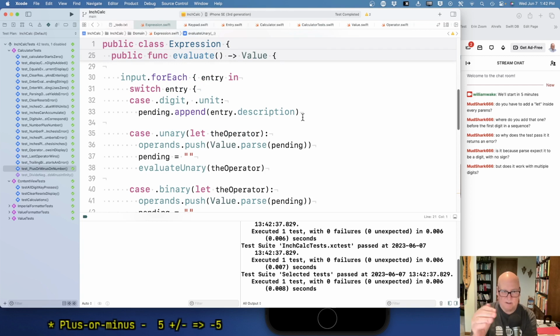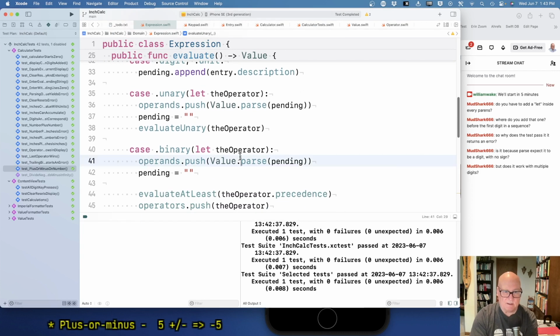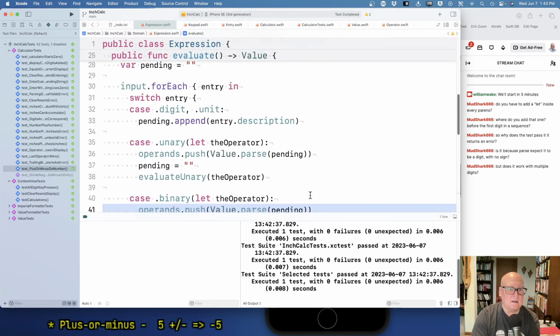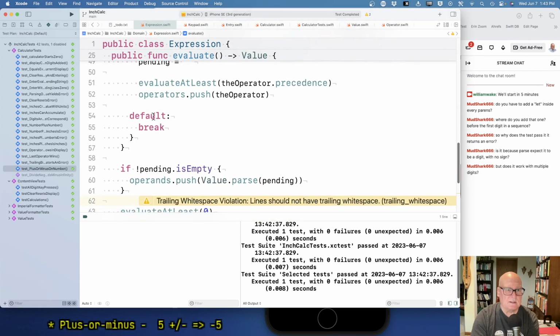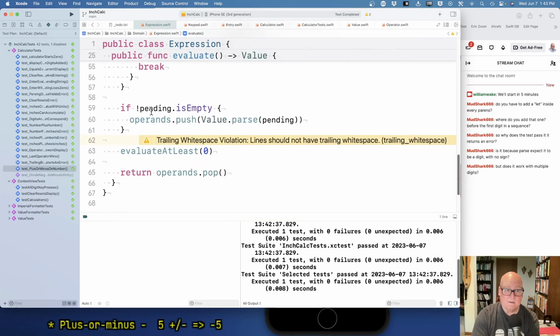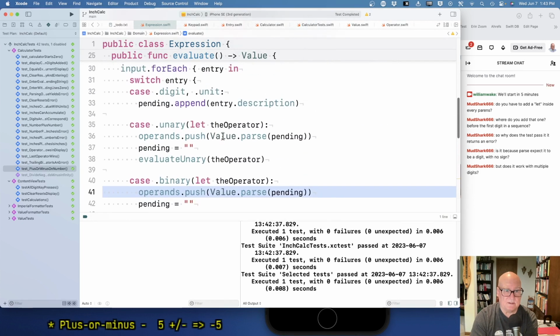So digits accumulate, and then normally at that point, you're either going to type an operator, like plus, then push that on the stack, and that's the first thing that happens in binary. Or you're going to hit equals, and you'll just skip, and that'll be the end of the thing. Then pending is not empty because you haven't done anything with this value, so you push it, evaluate and pop it. And that's the result of the computation. So I don't think there's an issue there.